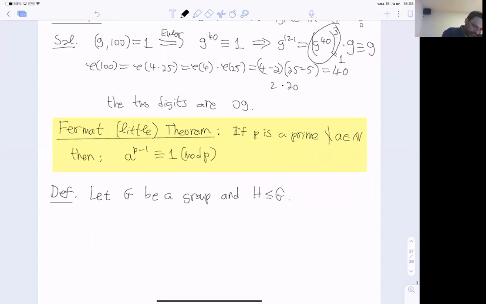If G modulo H from the left is equal to G modulo H from the right, I mean, the left cosets are equal to the right cosets, then we say that H is a normal subgroup.